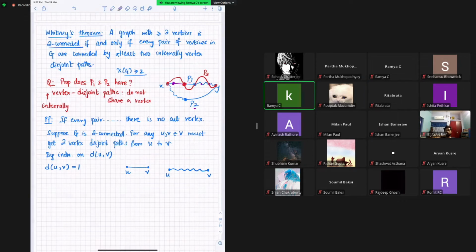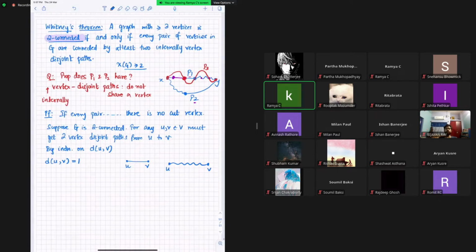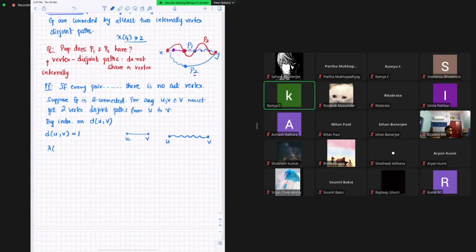Okay, so now complete your argument. So we know that lambda of G, this thing, right? If we remove the edge UV, there should again be a path from U to V. If this was not true, then UV was a bridge in the original graph.